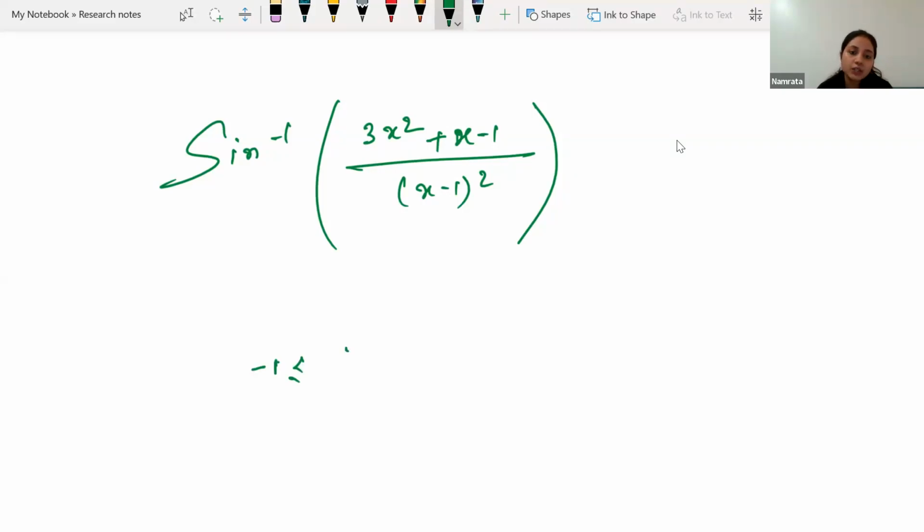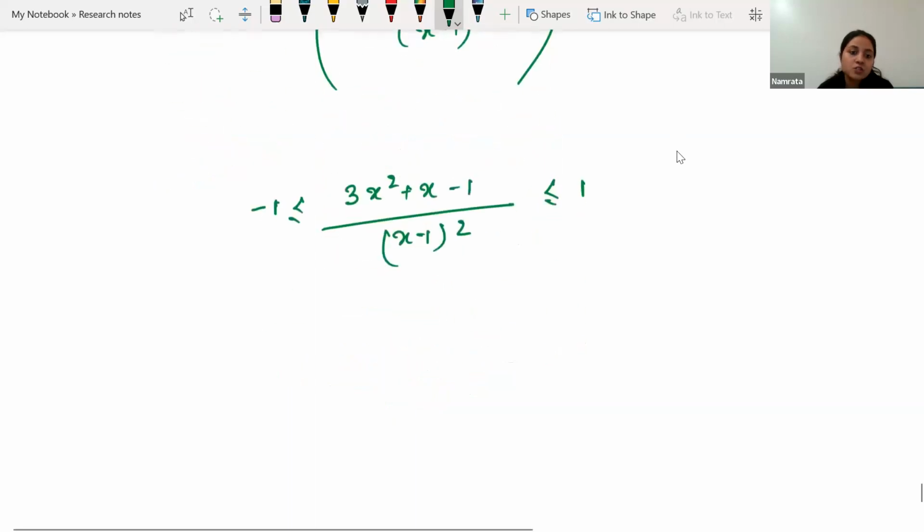So equality sign also I am taking: 3x square plus x minus 1 over x minus 1 whole square. Here also there will be 1 and equality sign also. Let's solve it. So we can multiply both sides by x minus 1 whole square. Is that allowed in inequality?